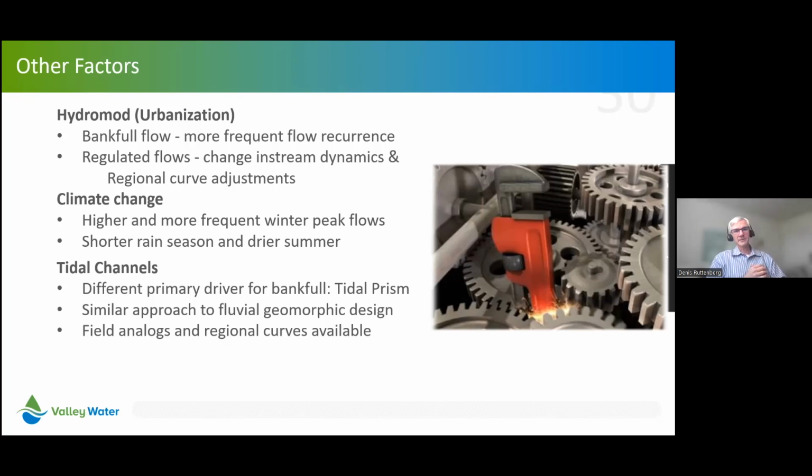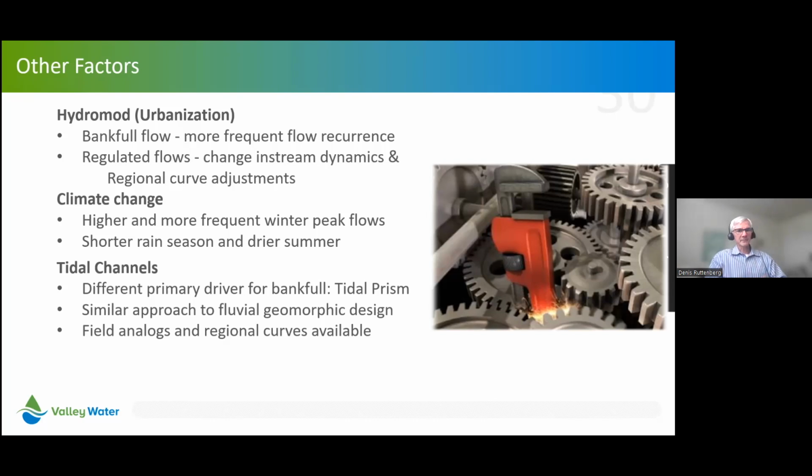Maybe you can adjust the regional curve or try to estimate bankfull, but in a highly regulated system, it makes it complicated. Climate change, depending on where you are, we could have more frequent and higher winter peak flows, and maybe in a shorter time period. Drier summers, maybe less precip overall, maybe more. So these things affect your ability to assess a channel geomorphically.